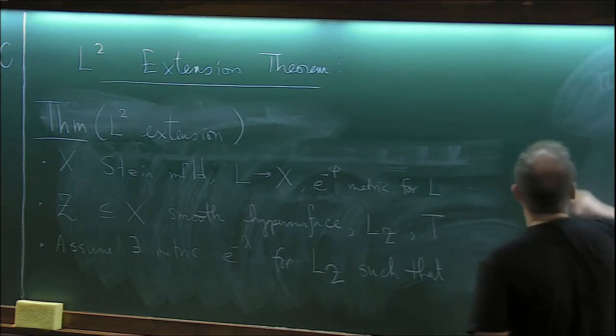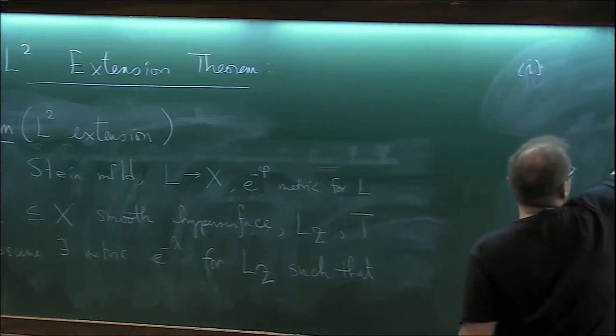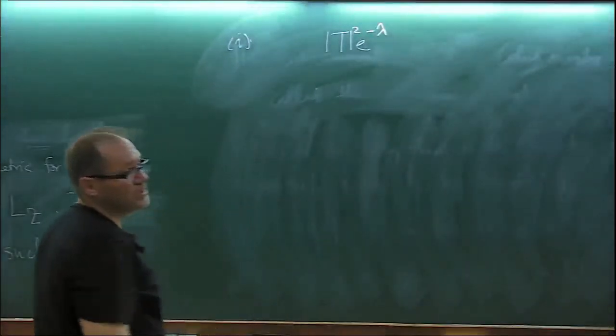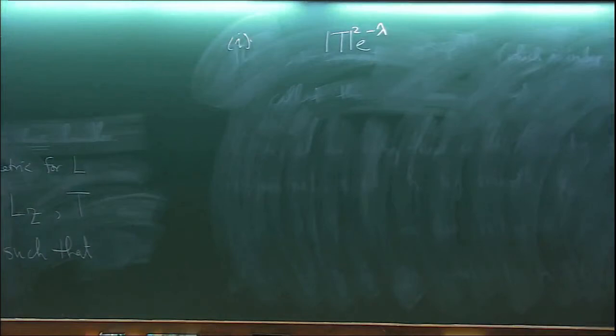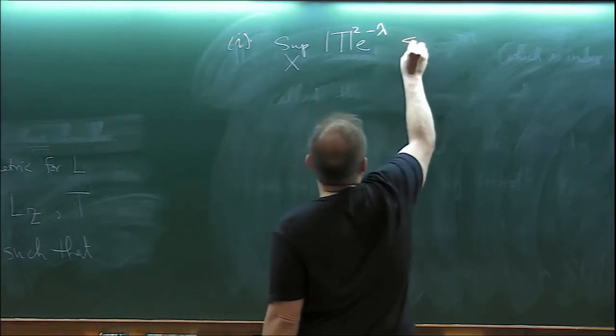The first one is that if you compute the pointwise norm of this section with respect to this metric, and you take the supremum over all of x, that's less than or equal to 1.